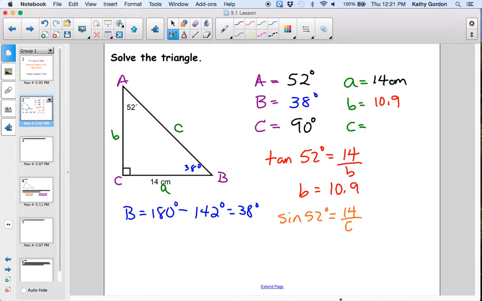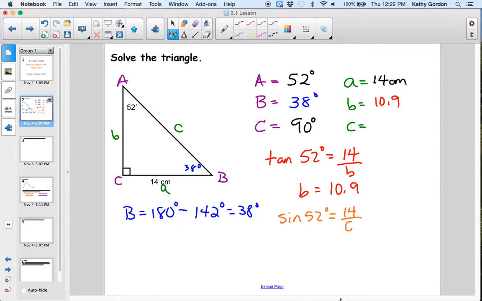Cosine of 38 equals 14 over C. So the cosine of 38 is going to be the same as the sine of 52. So I could set sine of 52 equal to 14 over C, or I could set cosine of 38 equal to 14 over C. Either one would work. Any other options? B squared and A squared.